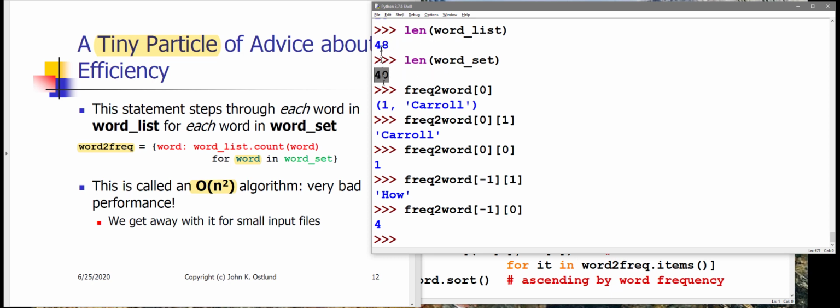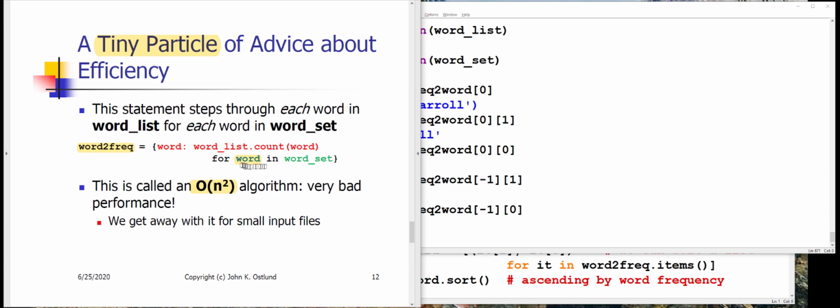So more or less, in our case, the number of unique words was almost the same as the number of total words. And so for each of these 40 words, we're going through this list of 48 words to see how many times a given word occurs.